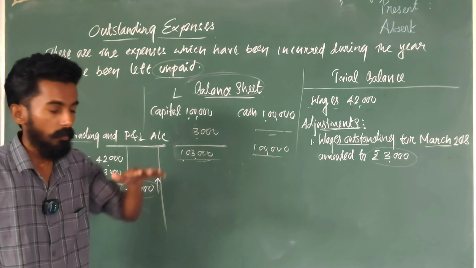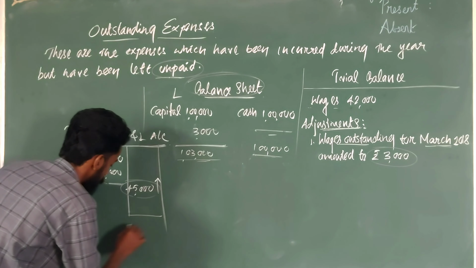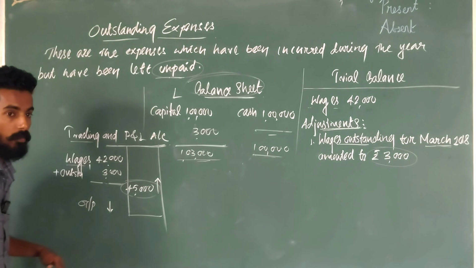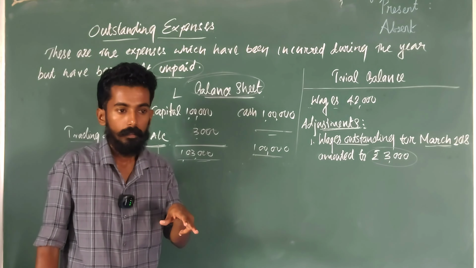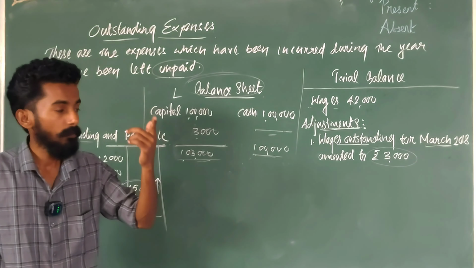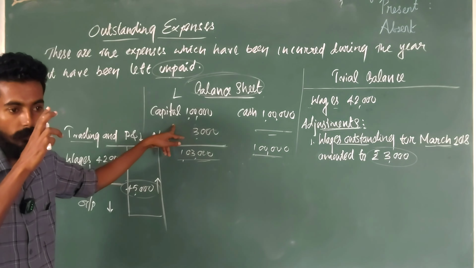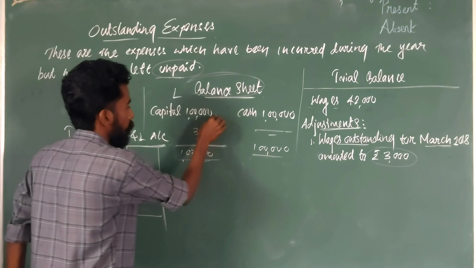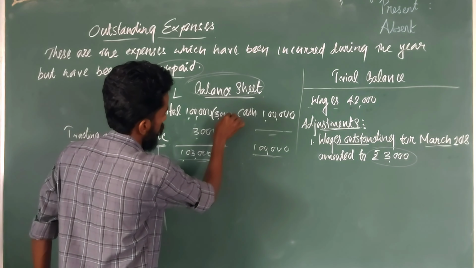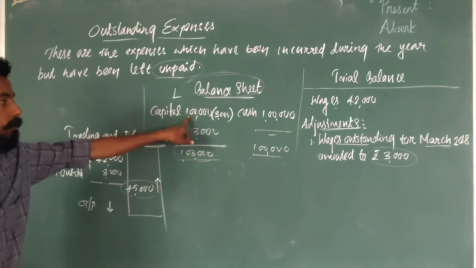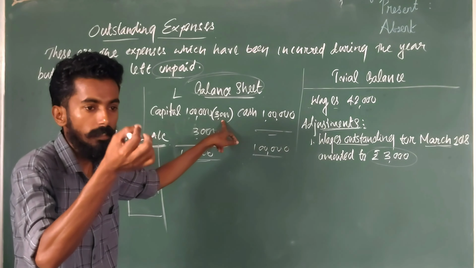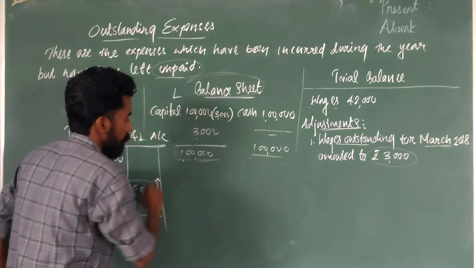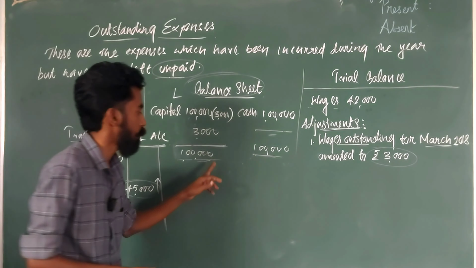Profit will go down; suppose here the gross profit will go down. If gross profit is going down, where will it affect? It will affect the capital account of that person or partner; their capital account balance will go 3,000 minus. So 1 lakh minus 3,000, 97,000 will come, plus 3,000, here also 1 lakh will come. This way we can make our balance sheet tally.